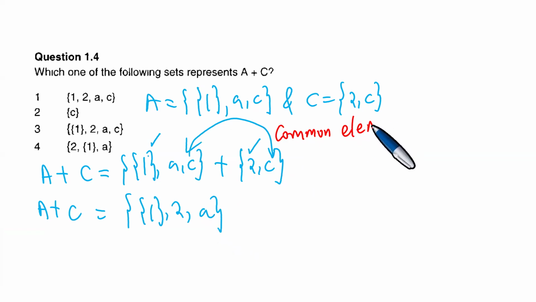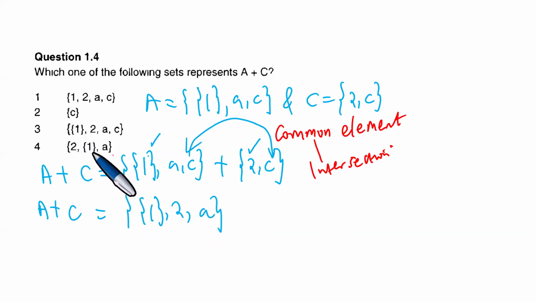And this common element, where do we find it? We find it in the intersection of the two sets. By dint of that, we don't choose that one, which means we have 1, we have also 2, and we have exactly A as well. So we have 1, 2, and A.